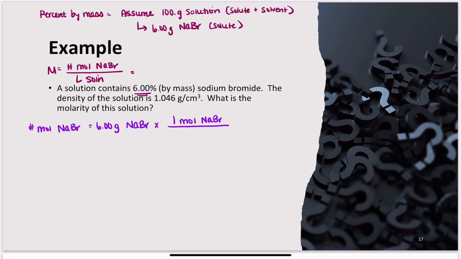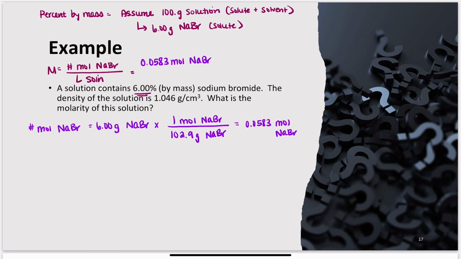So sodium bromide has a molar mass of 102.9 grams per mole. This gives me a number of moles of 0.0583. So I know my numerator, 0.0583 moles of NaBr.